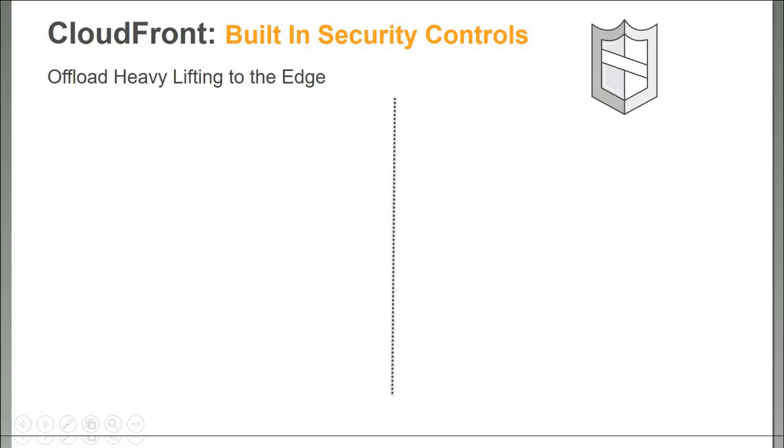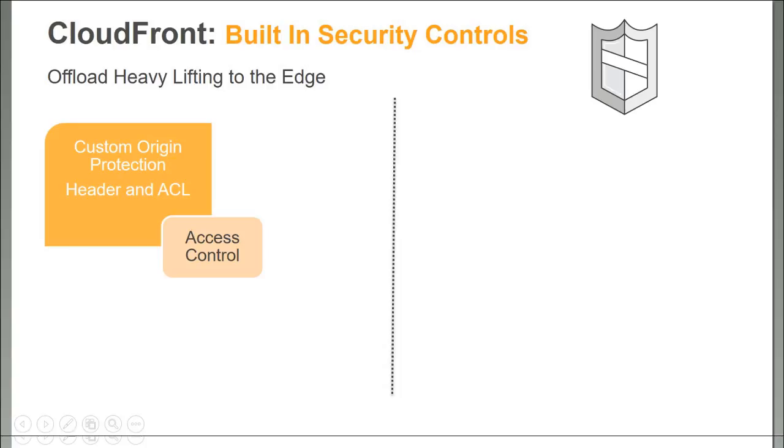So let's talk about the built-in security controls that are available. This is offloading some of the heavy lifting of security to the edge. There are really two dimensions that I'm going to cover here. The first is access control, and controlling the access to your content or to the application itself.